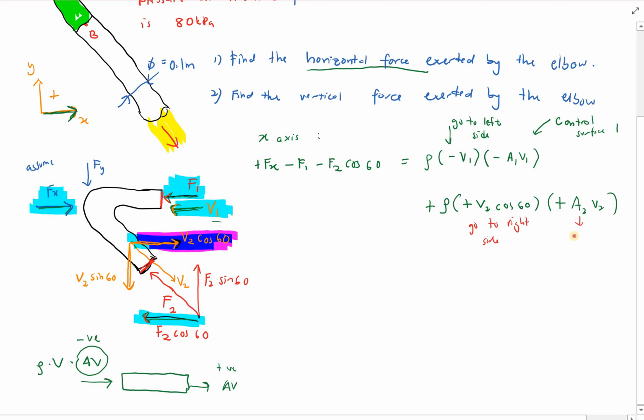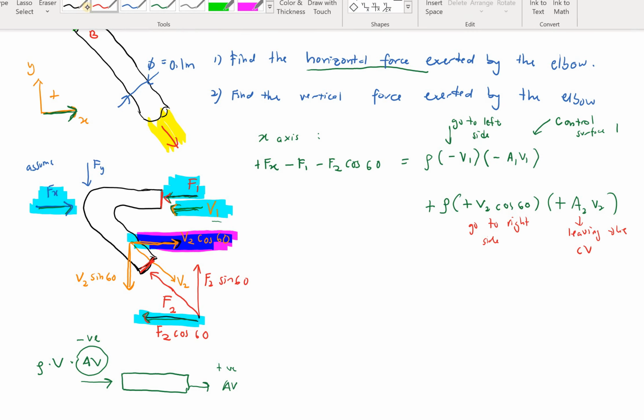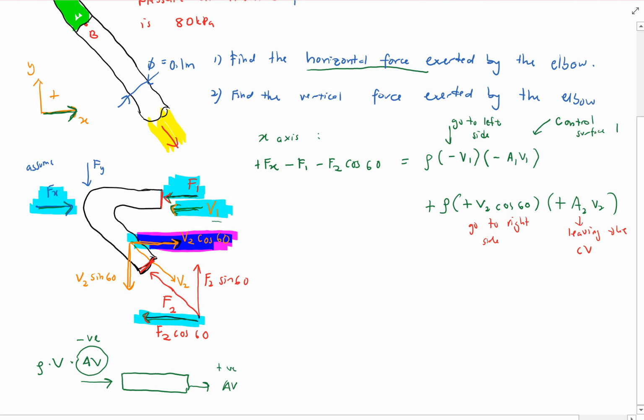Because it's leaving the control volume. Now, can we solve the equation? We look at the individual parameters there.